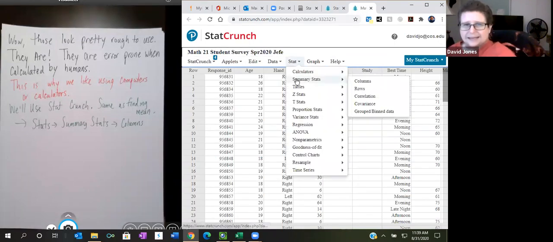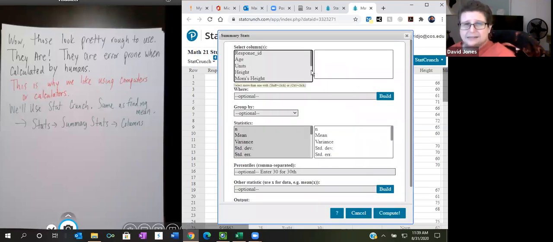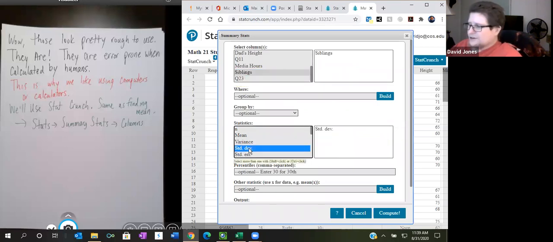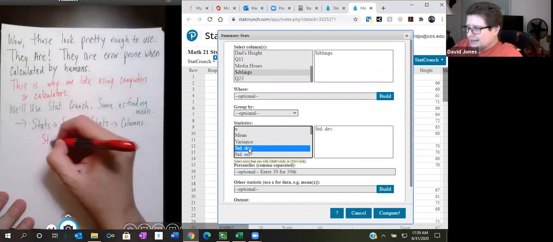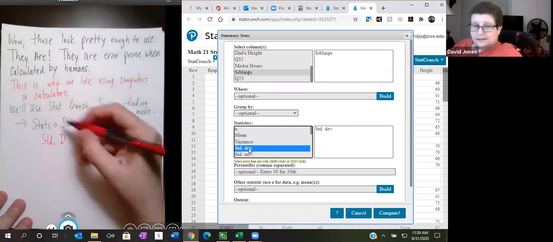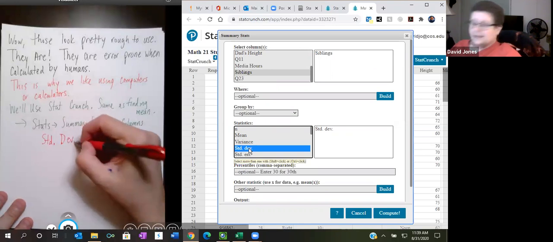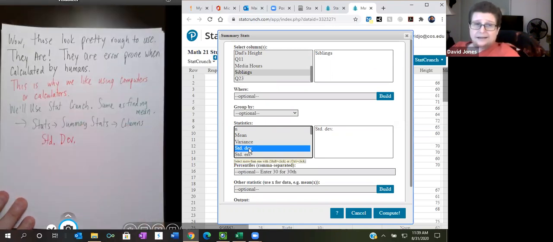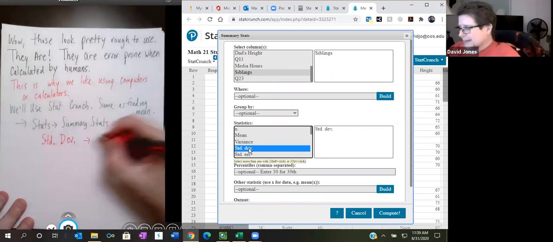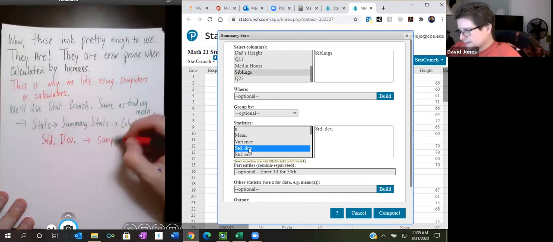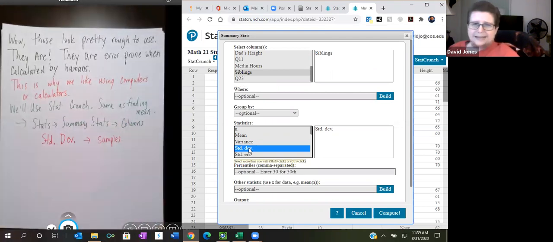Stats, Summary Stats, Columns. And use siblings. Scroll down here, there's one that says standard deviation or Std. dev. This is for samples.